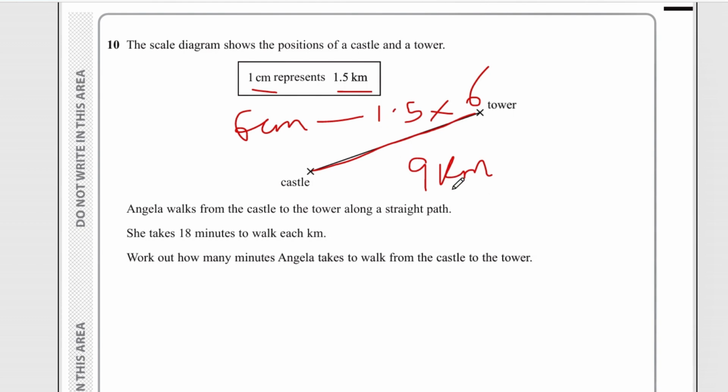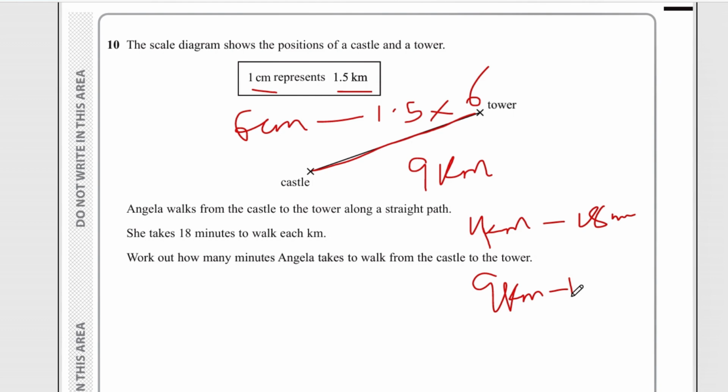If this is 9 kilometers and she walks 1 kilometer in 18 minutes, then for 9 kilometers you do 18 times 9.